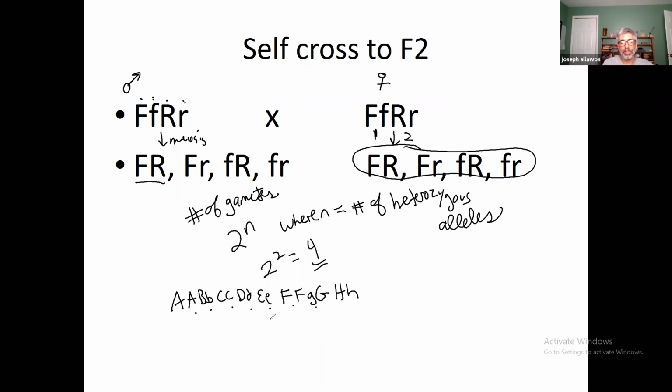A computer would be a sensible way to figure out the combinations of these letters. But you at least can determine how many there are, right? By using this formula, 2 to the n, where n is the number of heterozygous alleles. Let's count the heterozygous alleles in this crazy parent here. Is this heterozygous? No, that's homozygous dominant.